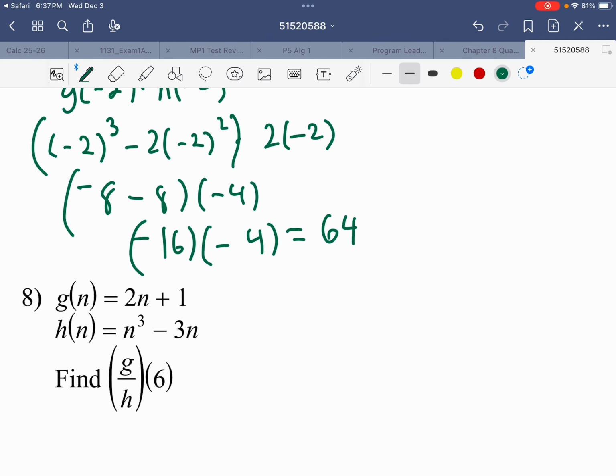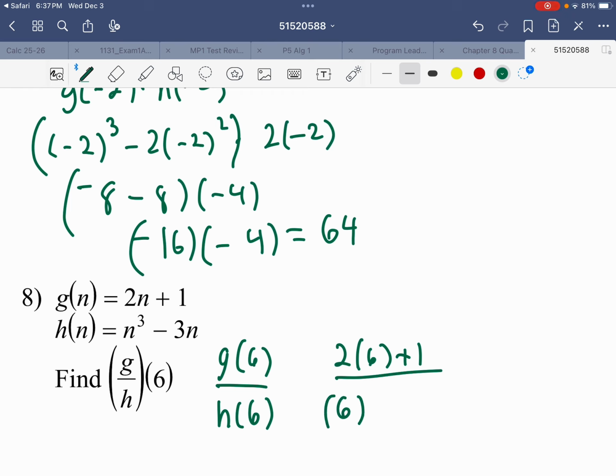For number 8, we've got g of n is equal to 2n plus 1. H of n is n cubed minus 3n. And we're looking for our g of 6 divided by h of 6. So 2 times 6 plus 1 divided by 6 cubed minus 3 times 6.